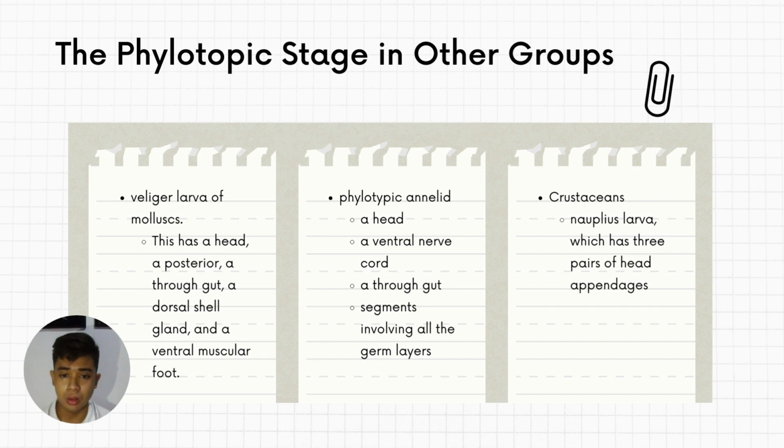Also, the nauplius larva, which has three pairs of head appendages, has been considered as a phylotypic stage for crustaceans. The phylotypic stage, again, is the point in time in their development at which these structures can be found in the members of the said taxon or group.